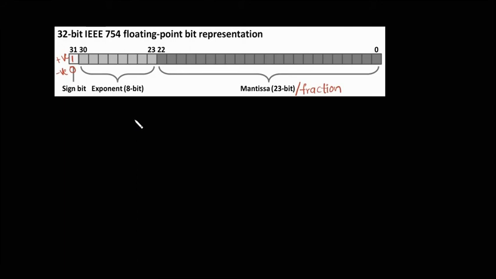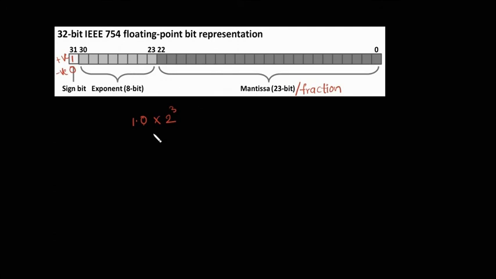So 1.0 into 2 power 3. The sign bit for this value is 0, and the fraction is 0, and the exponent is 3 converted into 2's complement form.